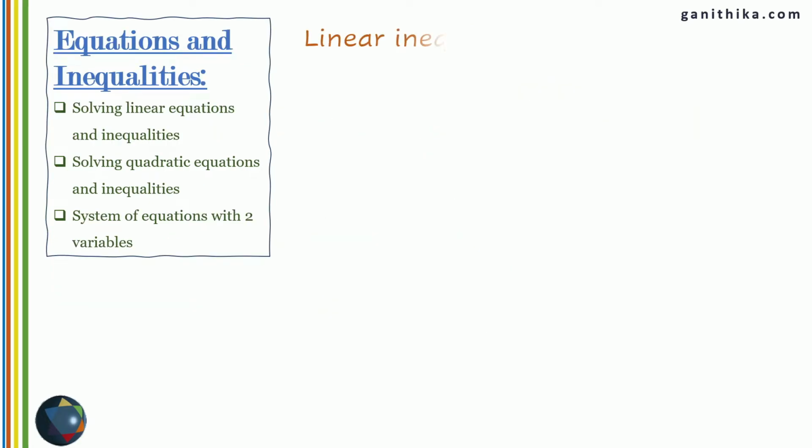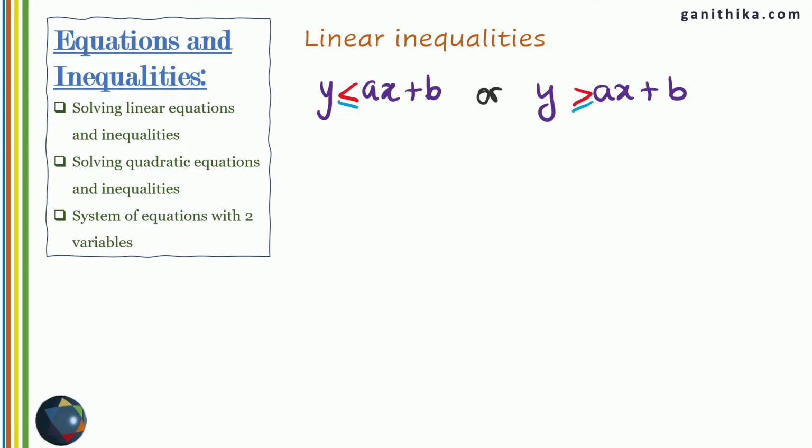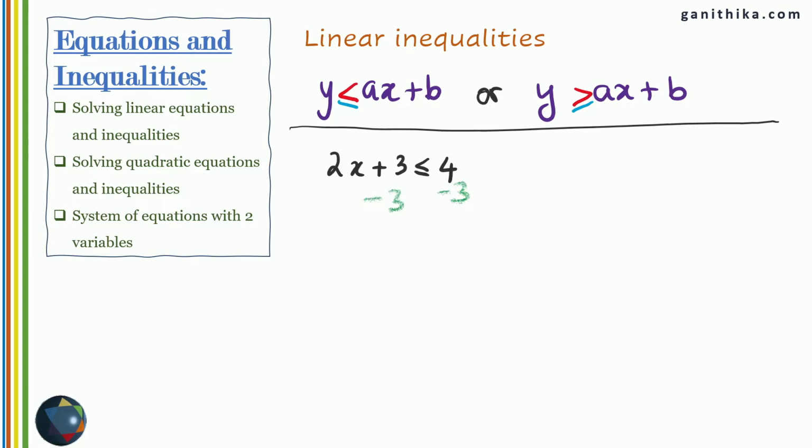Now let me proceed with linear inequalities. So when you have linear inequalities, you will have either less than, greater than, less than or equal to, or greater than or equal to. These are the 4 options you have for inequalities with linear expressions. So we will take an example. 2x plus 3 is less than or equal to 4. It's the same as you did for equations. You have to simplify this and make x the subject.